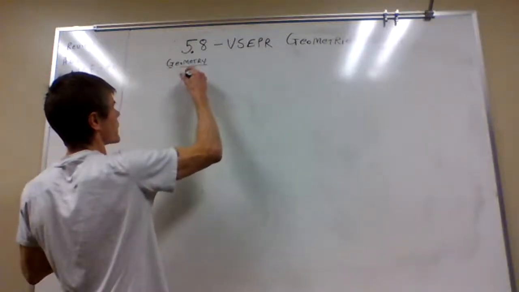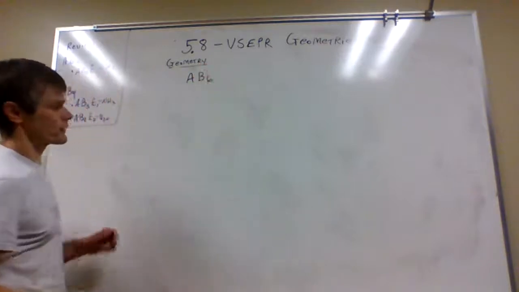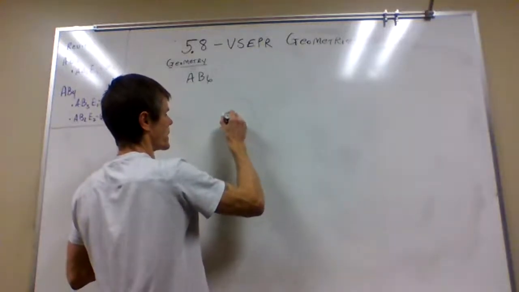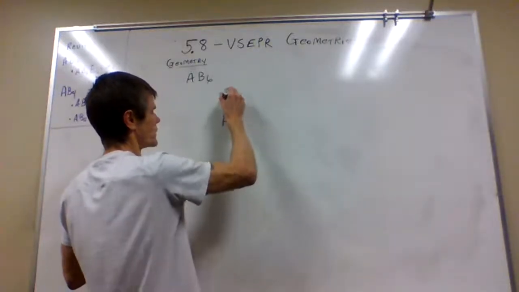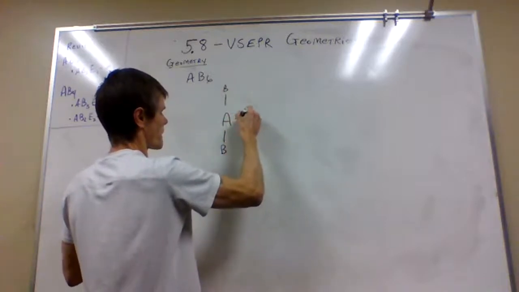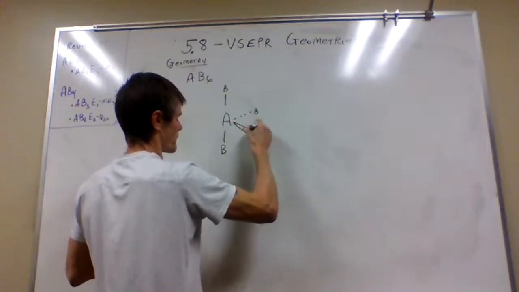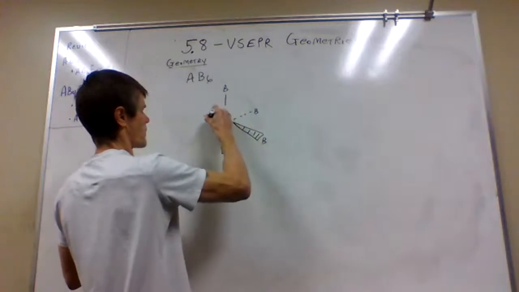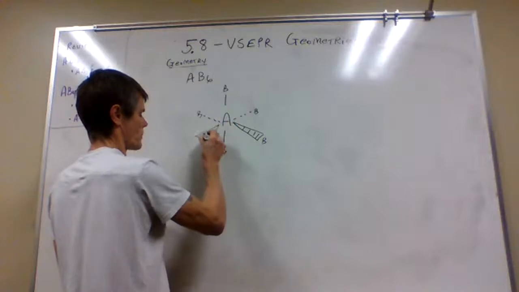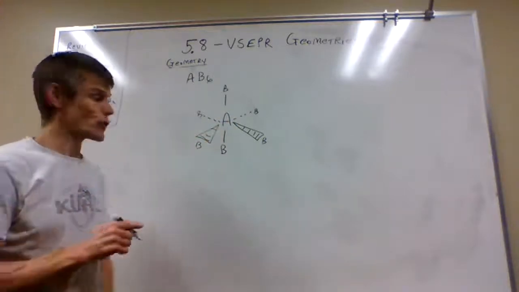As you recall from our lecture on Friday, AB6 is a geometry in which we have a central atom A, surrounded by 6 atoms B, and we have 6 electron domains.